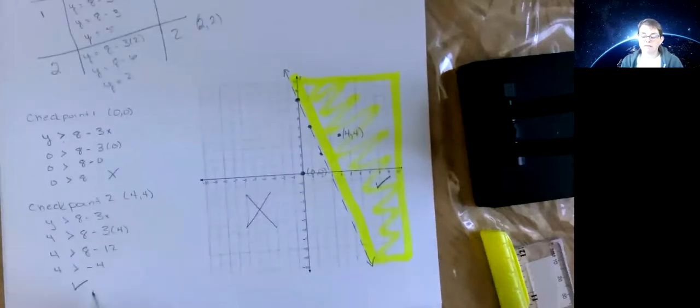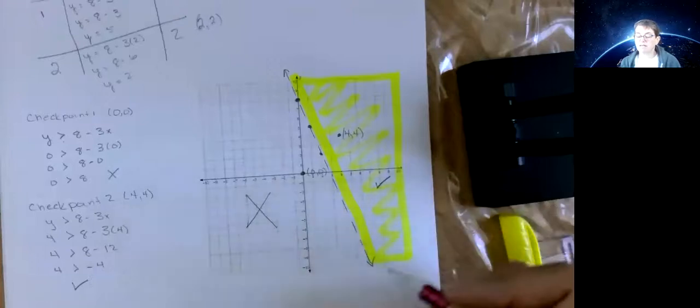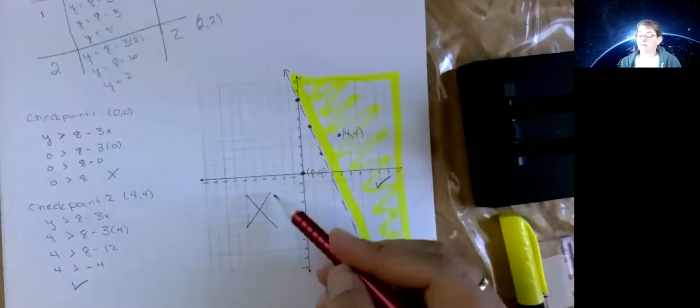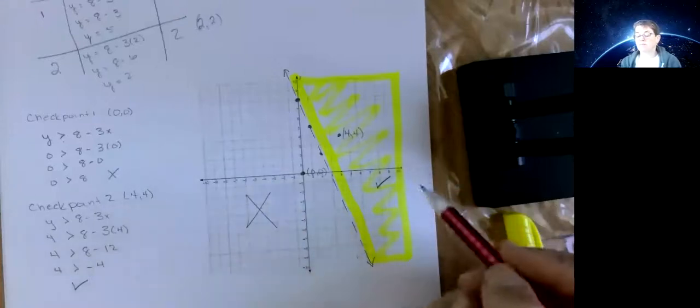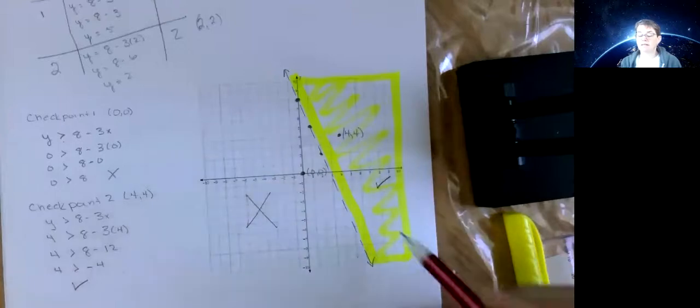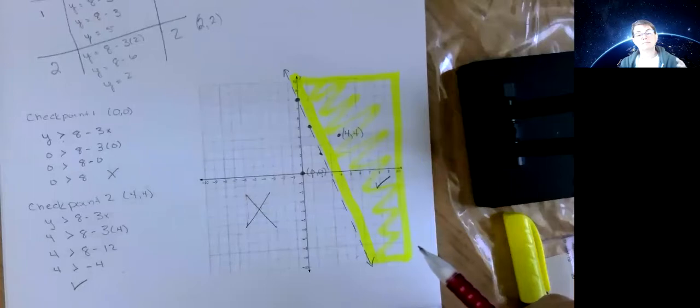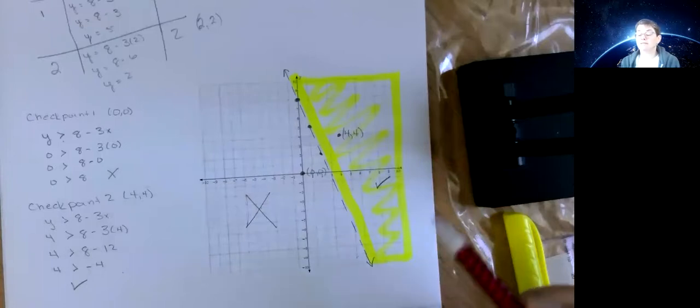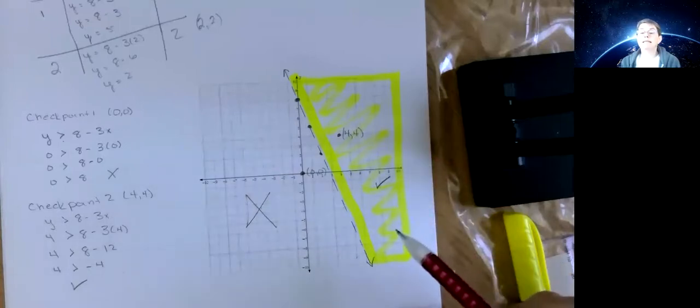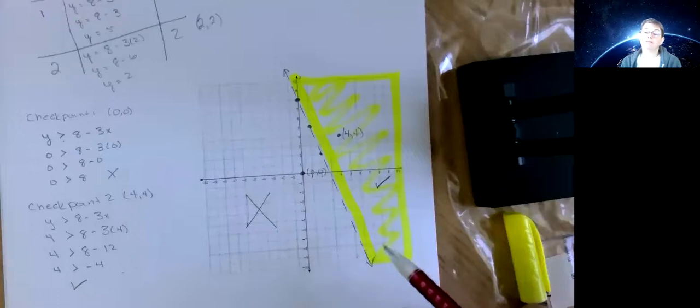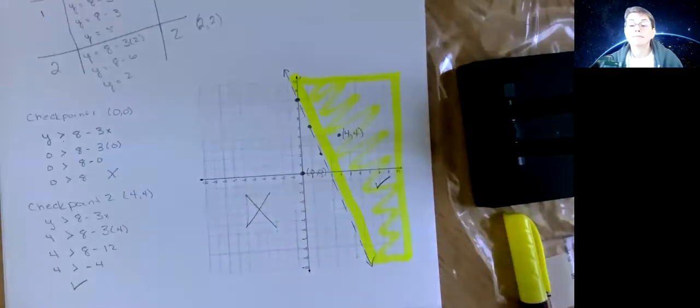We can see that one worked out, which means this was the correct side. When it's wrong, a big X on that side, and a big check mark on the right side, and then I did the coloring. And the coloring, because it was a real, x is an element of real numbers, y is an element of real numbers, you get to shade it in. Anything else, you don't get to shade it in; you end up doing dots. And there we go, that's how it's done.